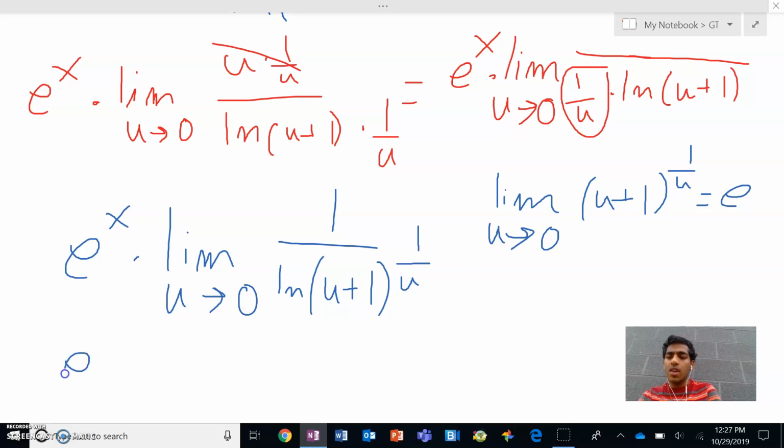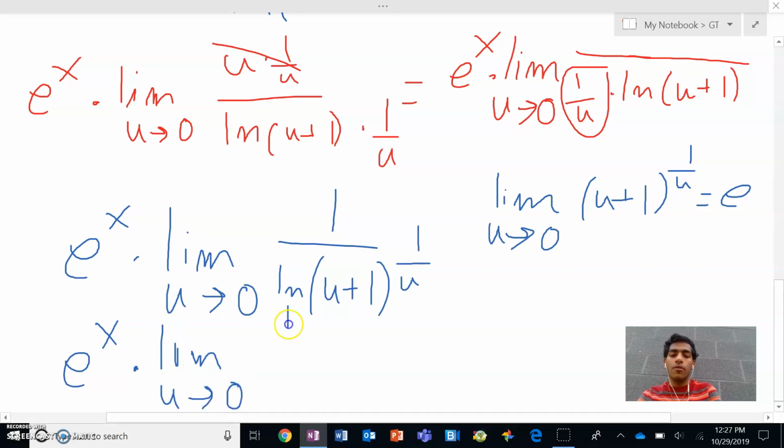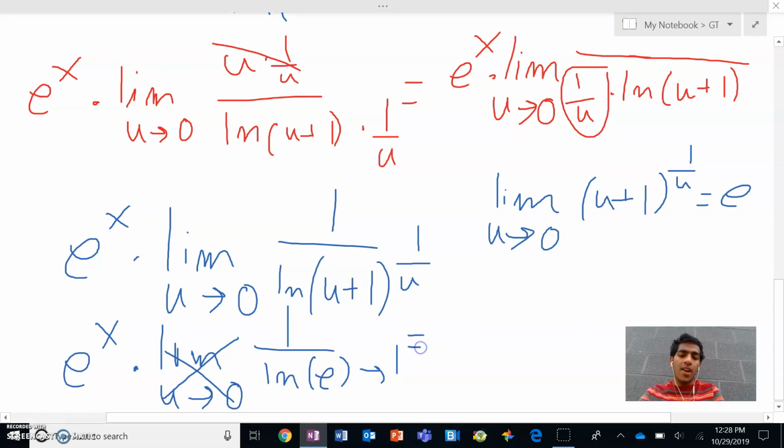So now I have e raised to the x times the limit as u approaches 0 of 1 over the natural log of e. Being honest, the limit notation of u does not matter anymore, because I got rid of the u's. As you know, the natural log of e is just 1, so that is just going to be e raised to the x times 1, which is just e raised to the x.